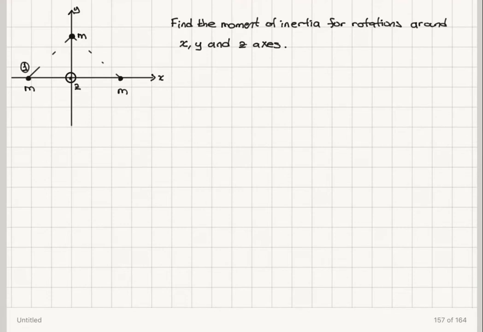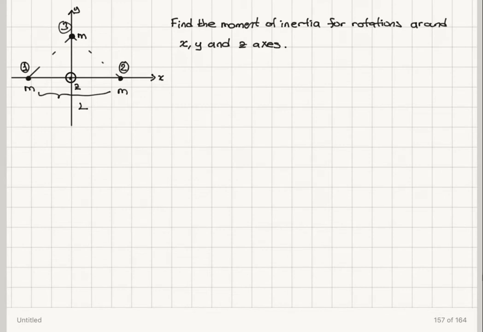This is particle 1, this is particle 2, this is particle 3, and they are at the corners of an equilateral triangle which has a side L here. So I want to know the moment of inertia for rotations around x, y, and z axis.